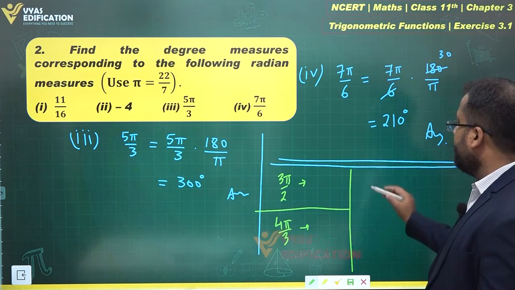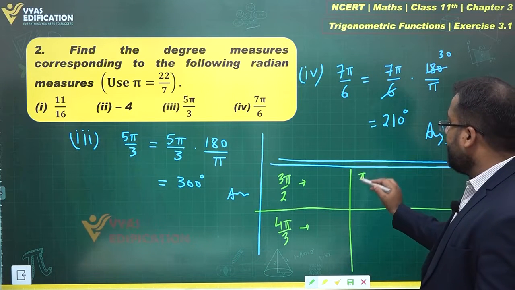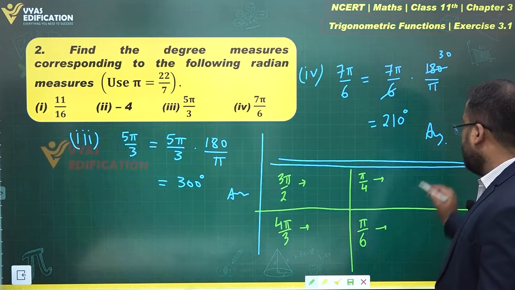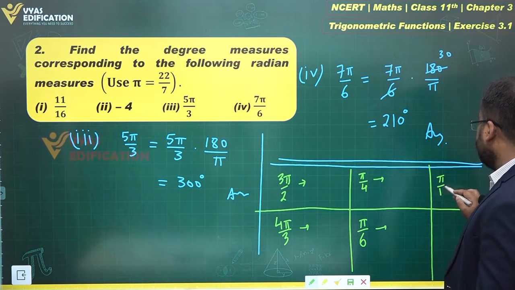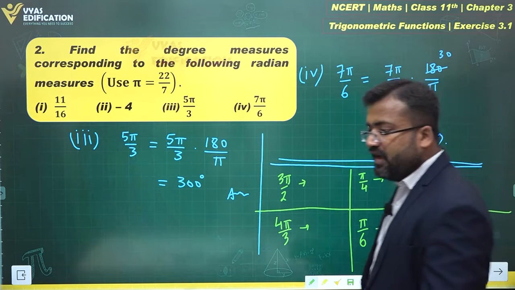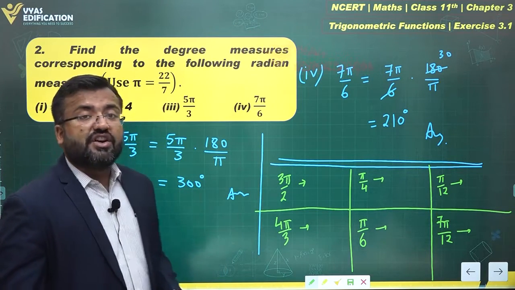Then you have a few simple ones also: pi by 4 is equal to what? Pi by 6 is equal to what? Pi by 12 is equal to what? And 7 pi by 12 is equal to what? Those are a few more questions for you to solve, to find the degree measures of these angles.